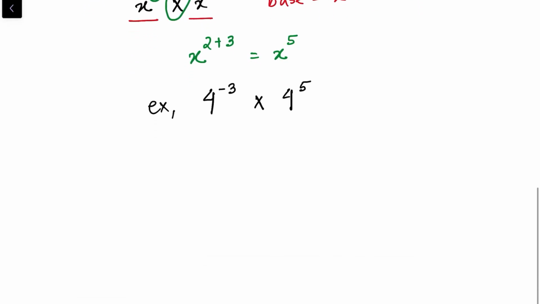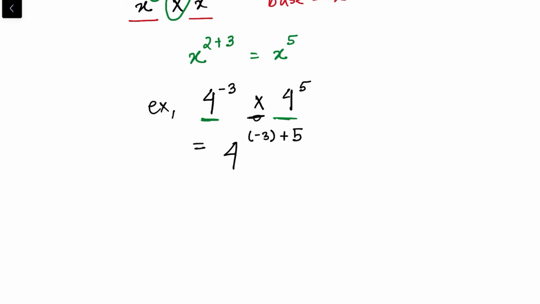All right, so first we have to check the base. The base is 4, so we are going to keep the base as 4. Now, here it is minus 3. As this is multiplication, we need to add.